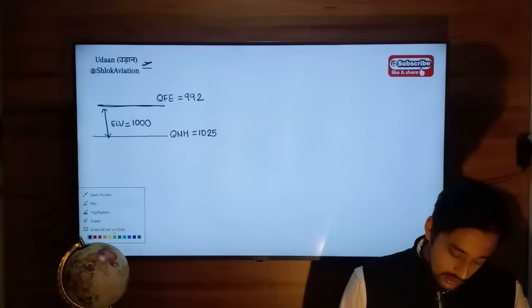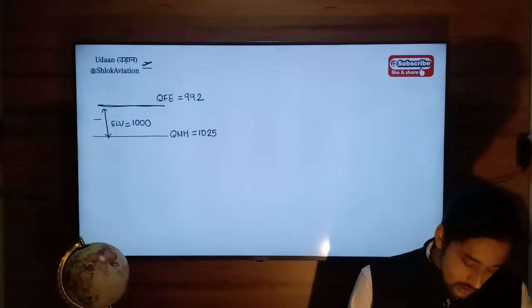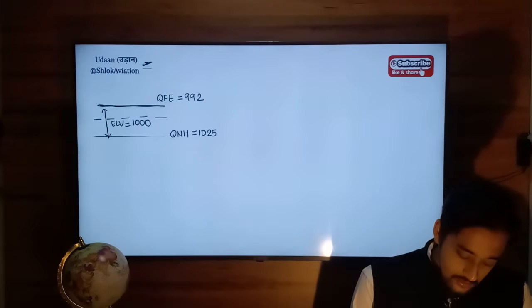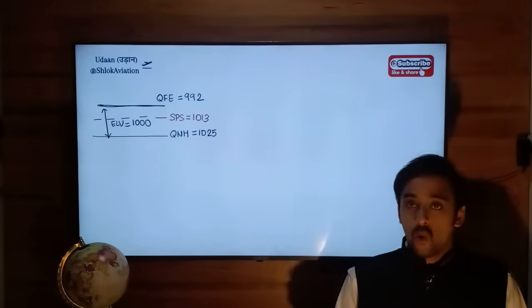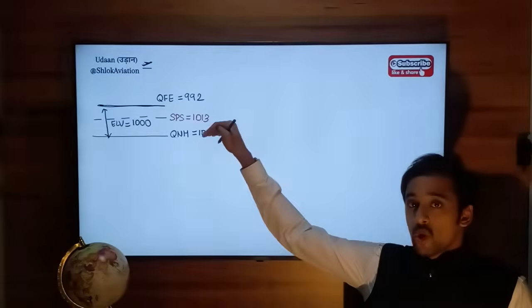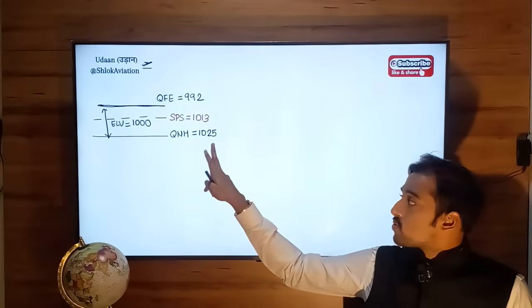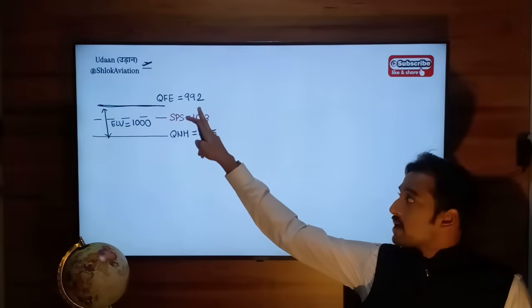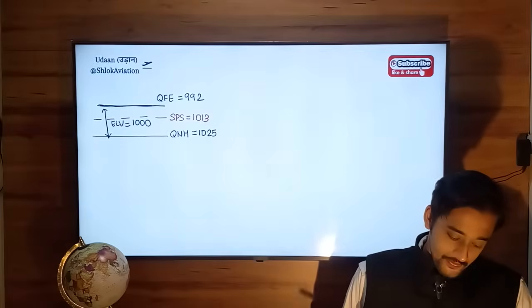So pressure altitude is measured from the 1013 datum, standard pressure setting 1013. Lower pressures will exist on top of higher pressures. So 1025, 1013 and 992.